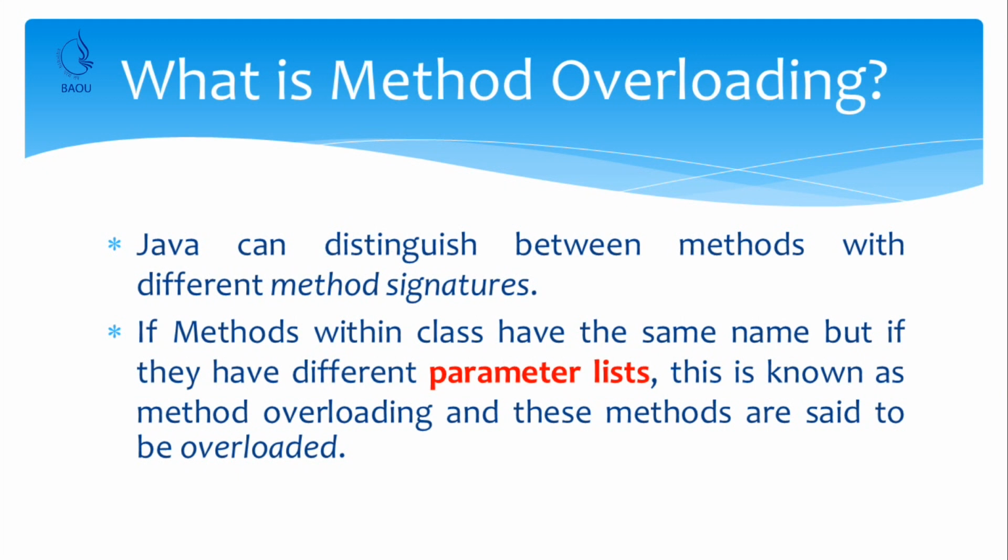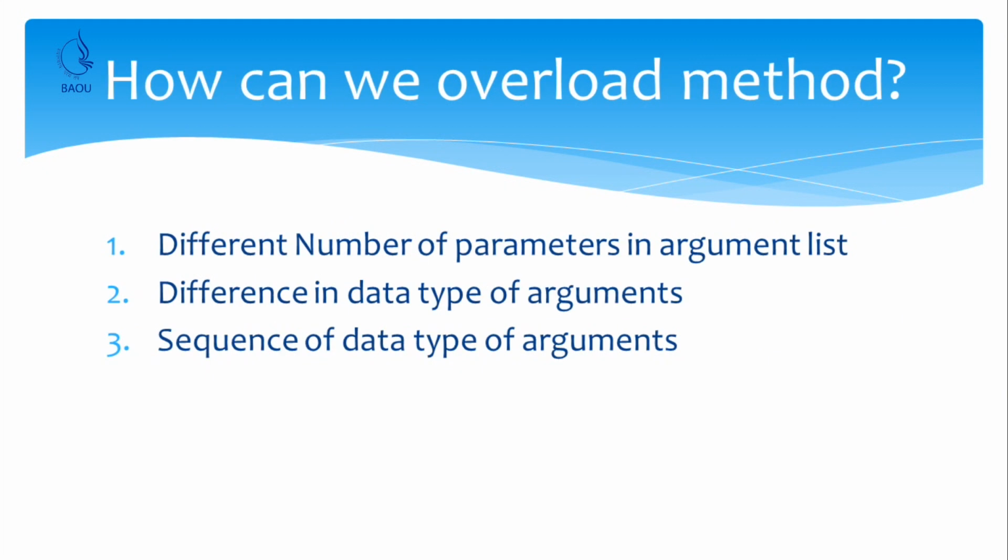If methods within a class have the same name but take different parameters, then this is known as method overloading, and these methods with the same name are said to be overloaded.